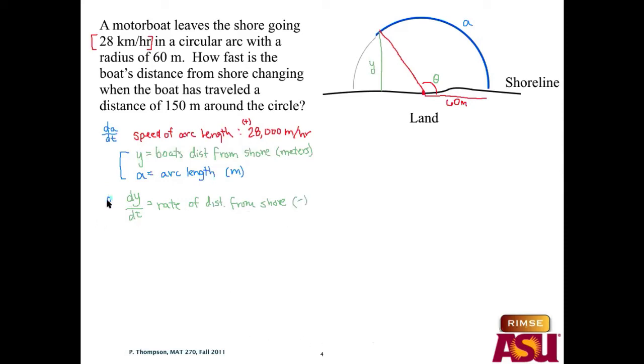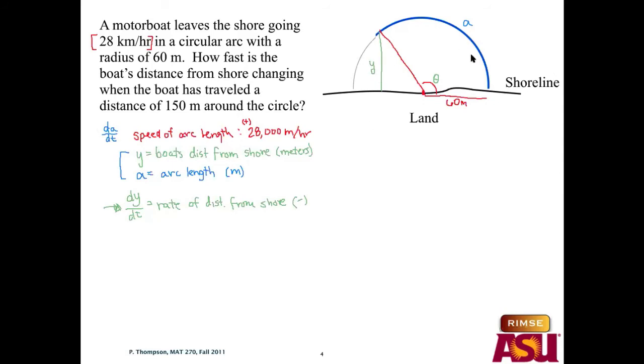Get rid of this little extra, there we go. So this dy dt, this is our goal, is to find this. We want to find dy dt. We know dA dt. I know what y and A are. Those are the things that are changing, but theta is also changing.